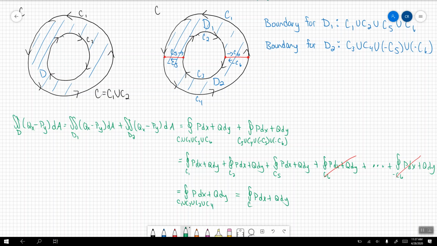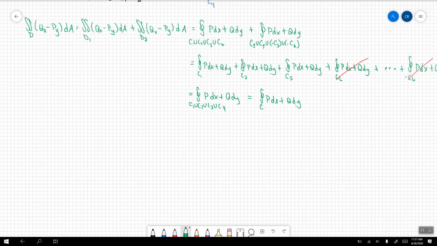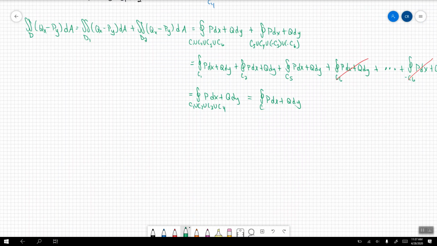We can just make sure that if we want to find the line integral for the curve that is encompassing this region, all we have to do is go back and interpret what the original region is that we are looking at. So there's no need to subdivide. Even if there's a hole, there's no need to subdivide. Subdividing is beneficial, but it's going to be the long way around.